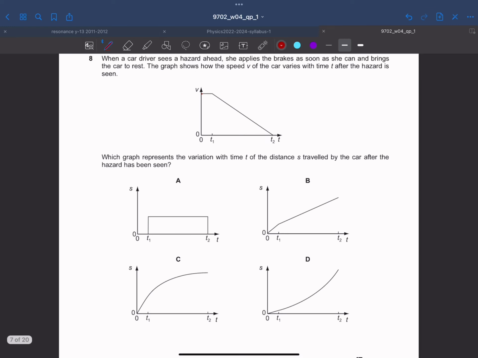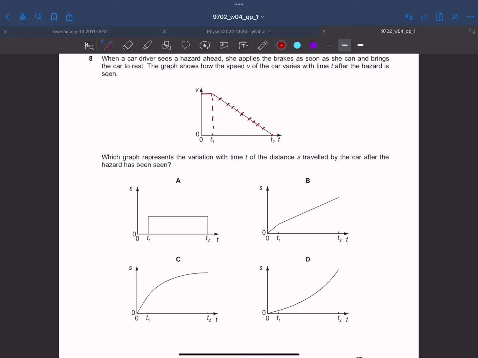The body is moving with uniform velocity. Then of course between time t1 and t2, you can see that the value of the velocity decreases and becomes zero. As the gradient over here is constant, the decrease is a uniform decrease as well.